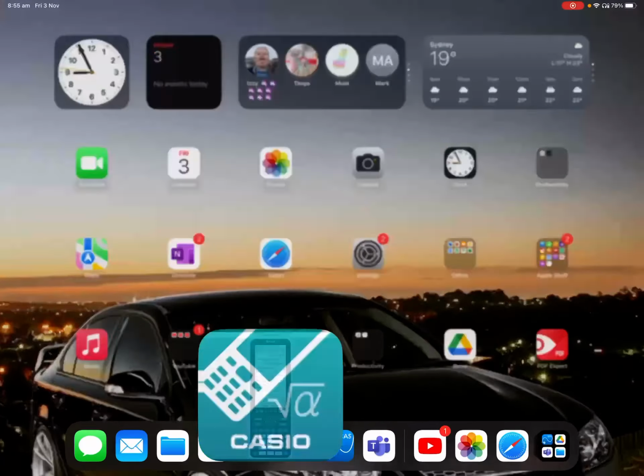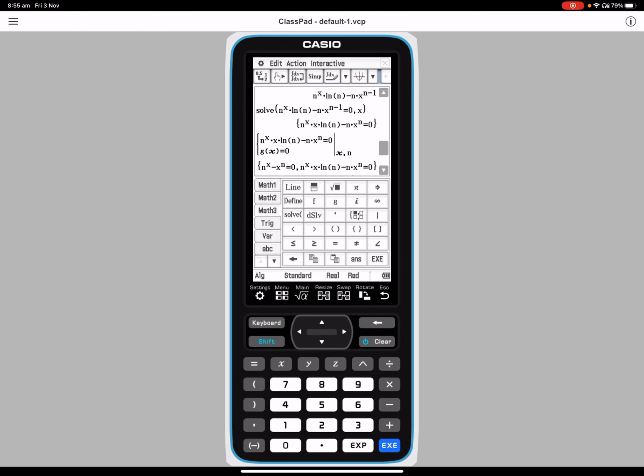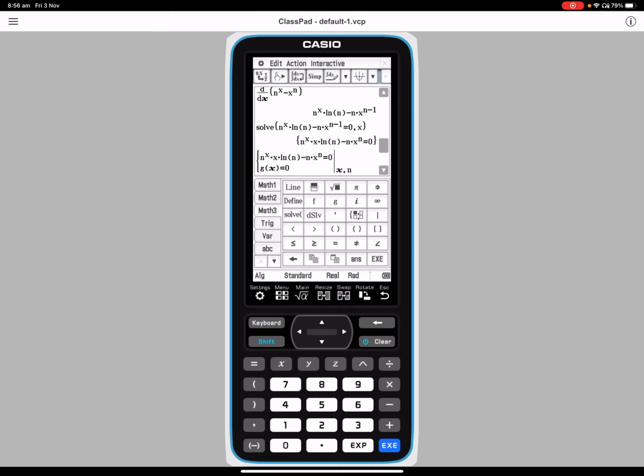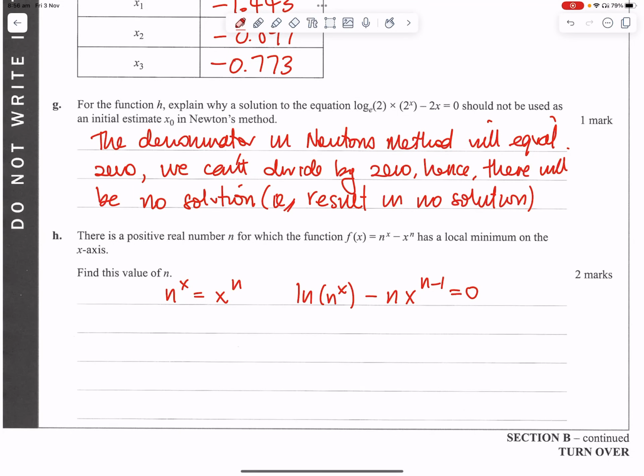Have I copied it down now? Log e n to the x, log e n to the x minus n x to the n minus 1 log e n times n to the x is equal to that.